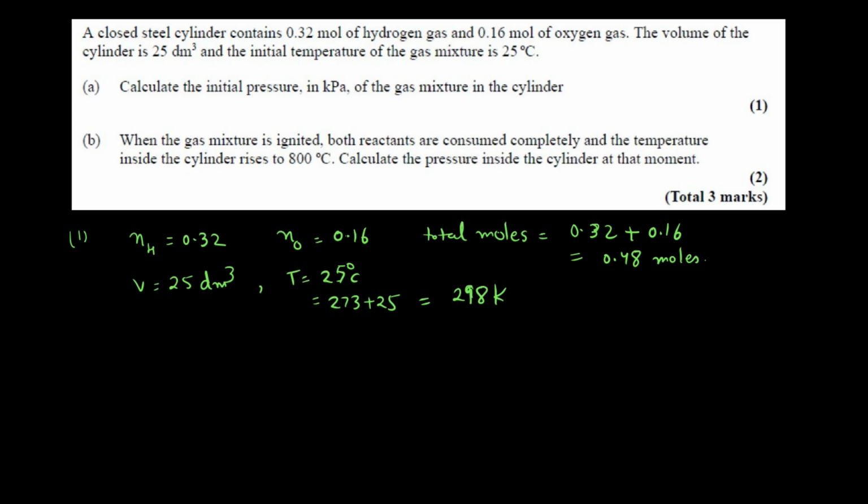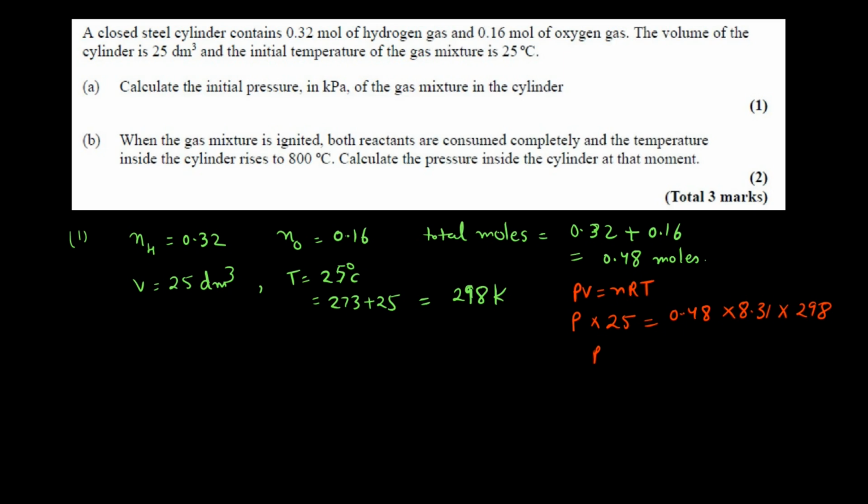We need to find the pressure, so we just apply the ideal gas equation, PV equals nRT. So pressure is P, volume we are putting in dm cube, so pressure will come in kilopascals. 25, n is 0.48, R 8.31 and T 298.